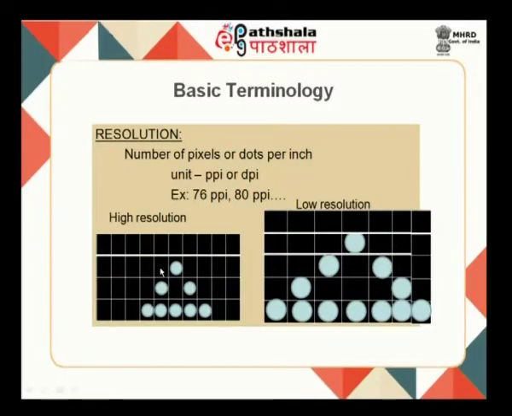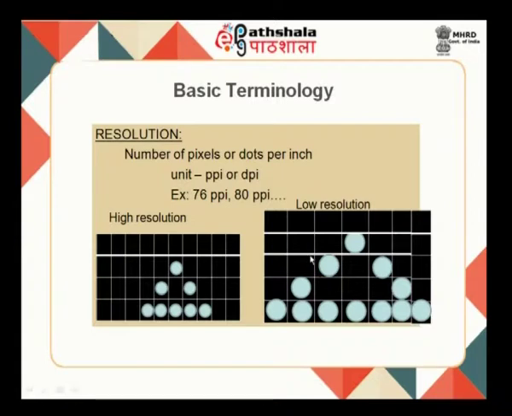As you can see here, a high resolution display has many pixels packed within an inch space, while a low resolution display device has few pixels packed within an inch space. So, that means we can pack more information in a high resolution display, but we cannot pack more information within the same inch space in a low resolution display.